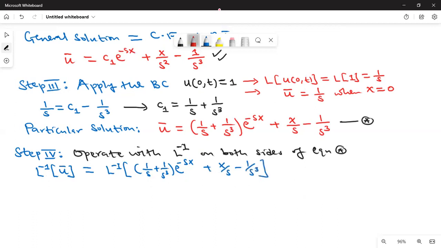So what is L inverse of U bar? Remember, U bar was the Laplace transform. So when you go to the function, the L inverse will take you back to the original function.